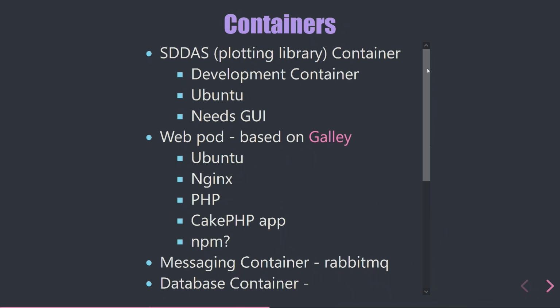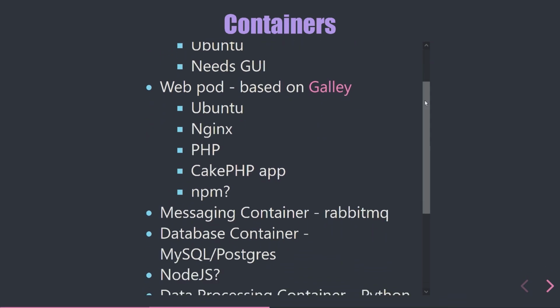It needs a GUI, and so that actually caused some challenges in the Docker Compose, but we were able to figure out how to do it. Then we needed the web pod, which is our CakePHP applications. And we just use Nginx, and we based it very heavily off of the Galley method of creating these containers.